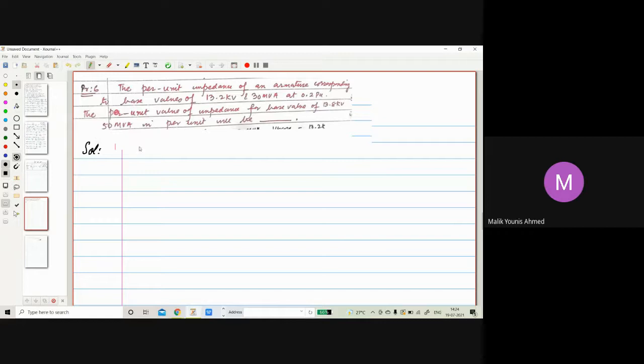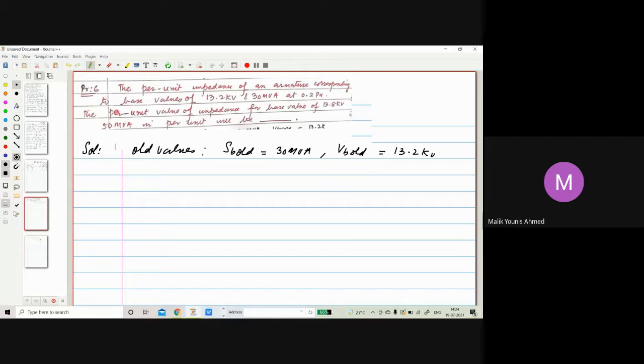So what are the old values? We'll write first. That means S base old is 30 MVA and V base old is 13.2 kV, very clearly here. Per unit impedance of armature to the base value, these are its own base values.